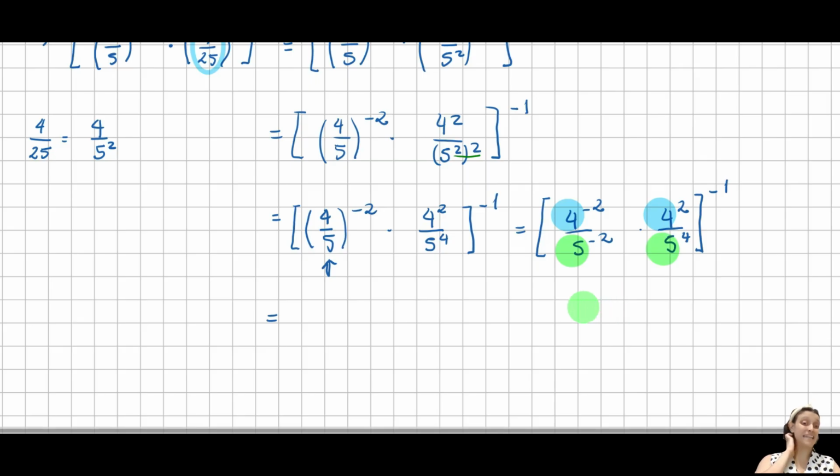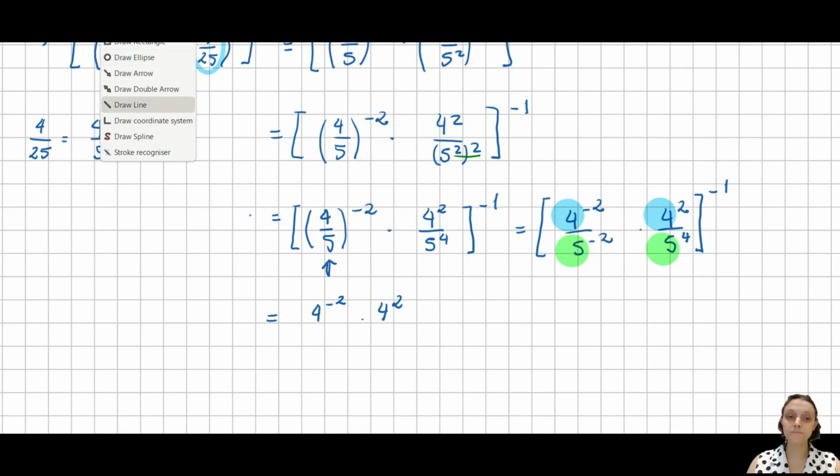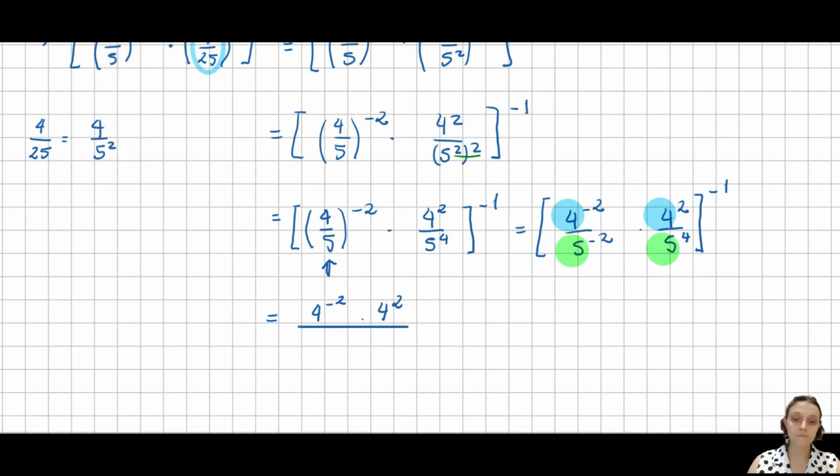In the numerator, we have the 4s multiplying, and in the denominator, we have the 5s multiplying. So we're going to write them all on the same line or level. So we have 4 to the power of -2, 4 to the power of 2, divided by 5 to the power of -2, times this.